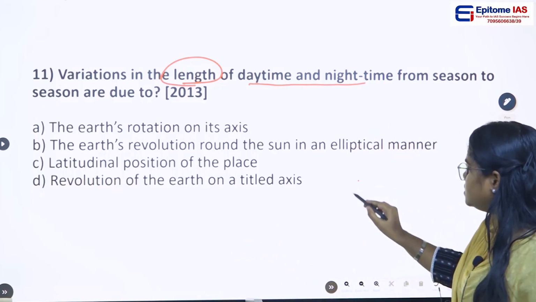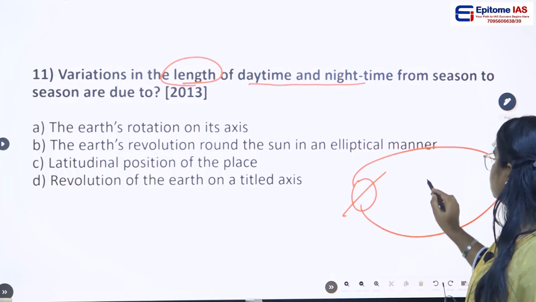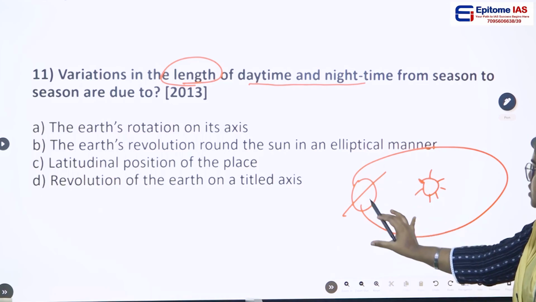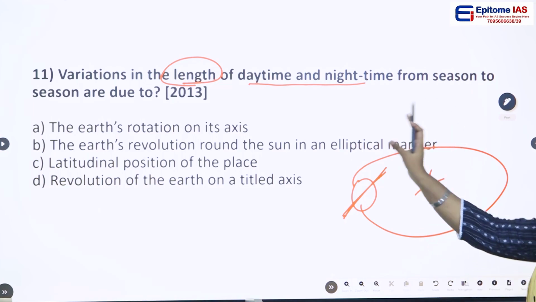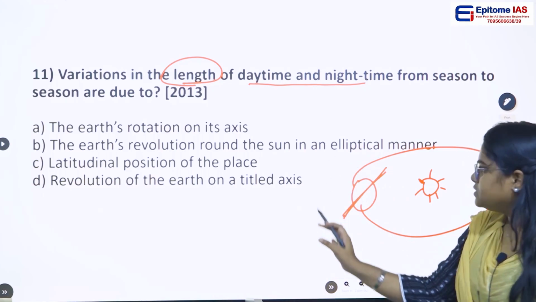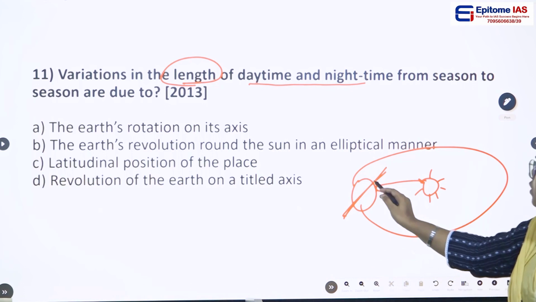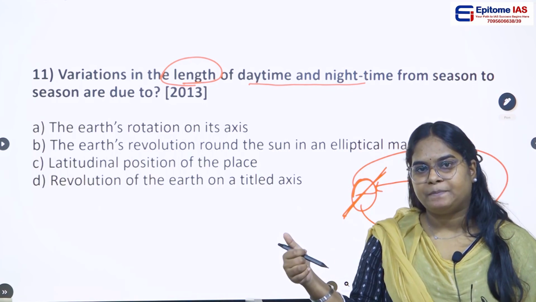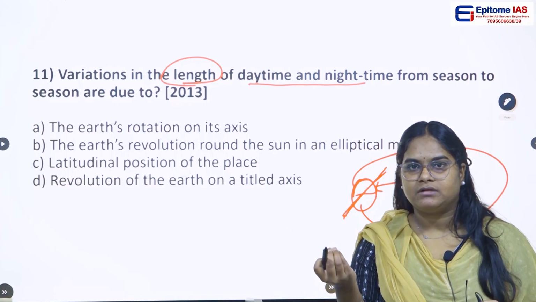Let's say the Earth is tilted, we know this, and there is a revolution. This is the Sun, and the Earth is revolving around the Sun. So this revolution along with the tilted axis, both cause the variation in the length of day and night. We already saw this during the summer solstice: the direct sun rays fall on the Tropic of Cancer, and the whole northern hemisphere will have a longer day, and in the southern hemisphere simultaneously we will have a shorter day.